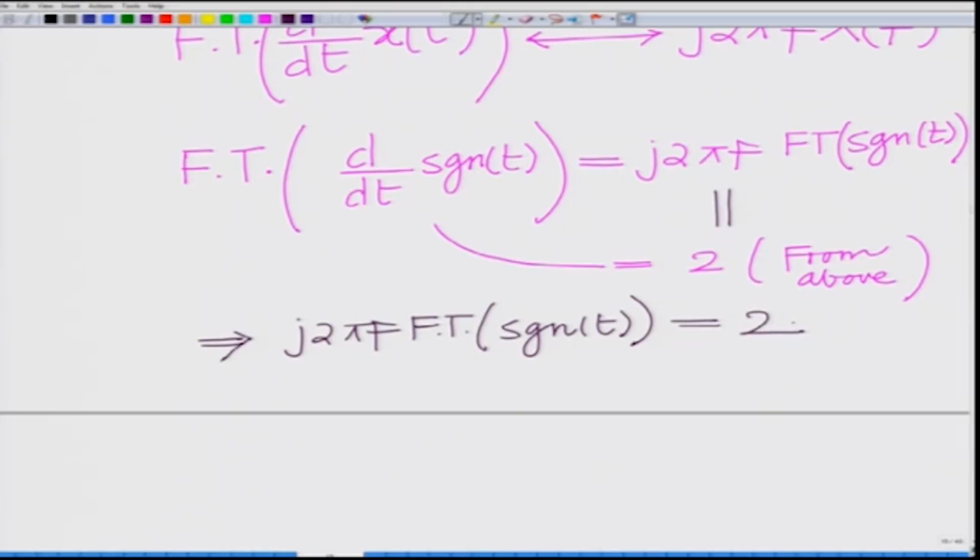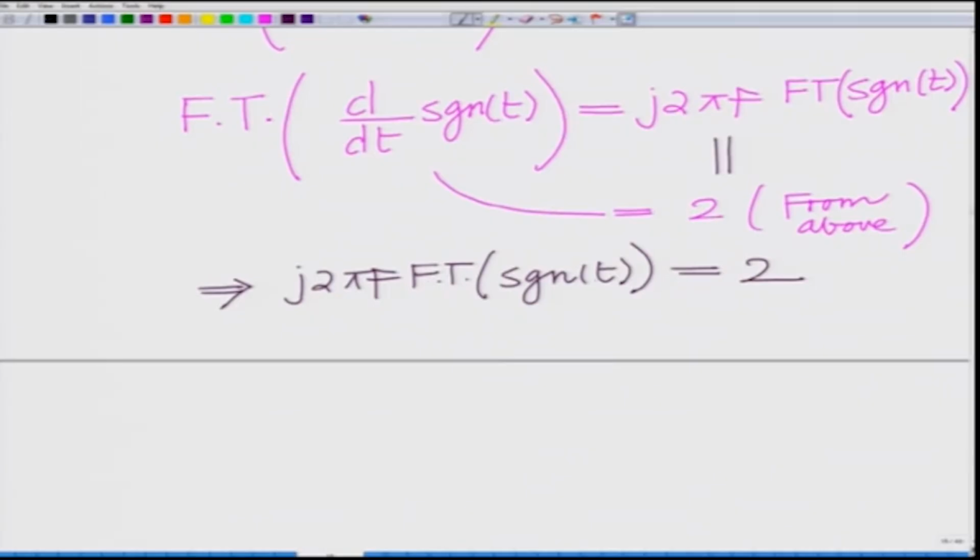We have already shown that the derivative of sin t is 2 delta t, therefore the Fourier transform of the derivative of sin t is 2, and from the derivative property of the Fourier transform, the derivative of sin t has a Fourier transform j 2 pi f times the Fourier transform of sin t.